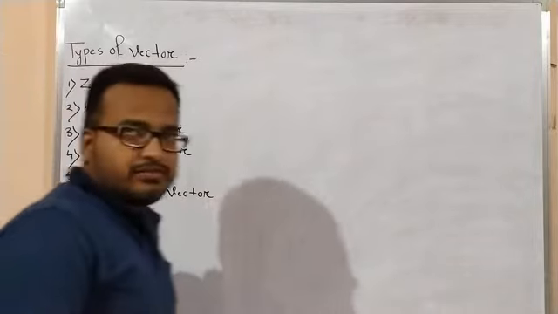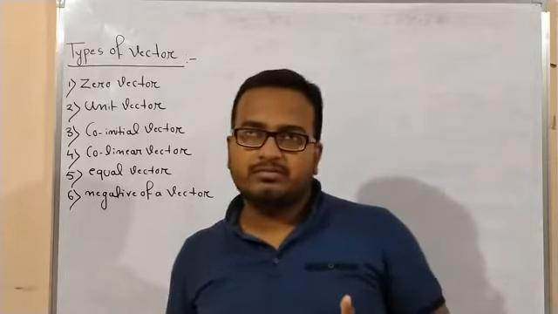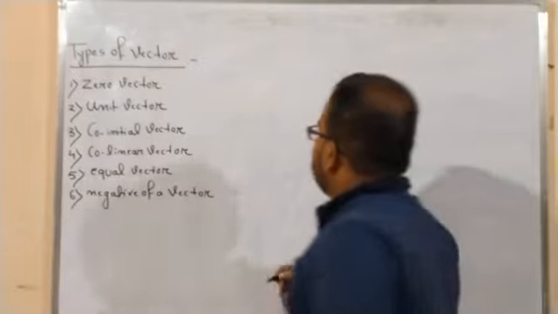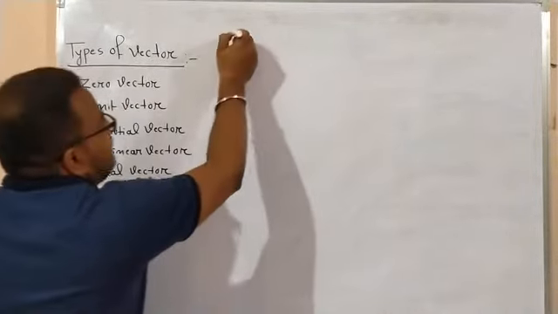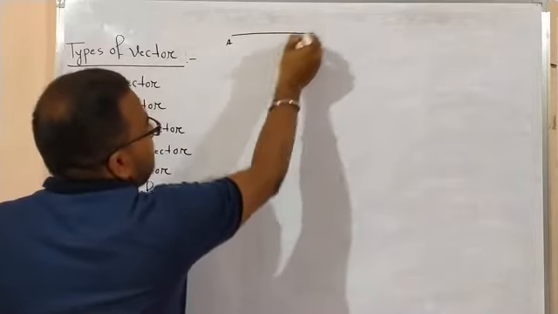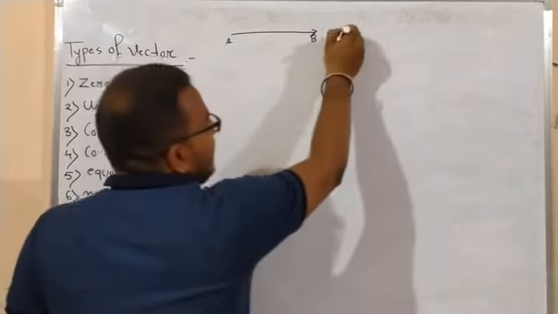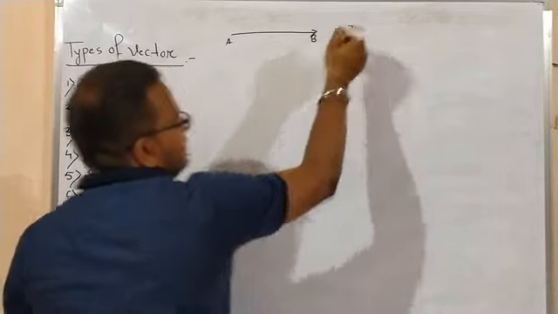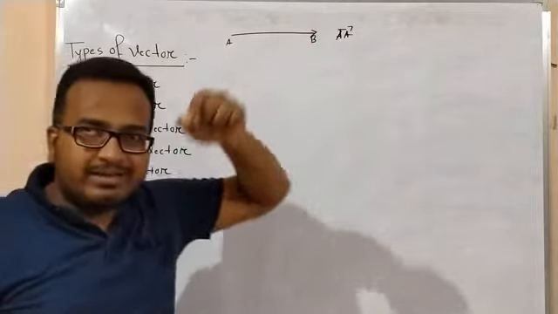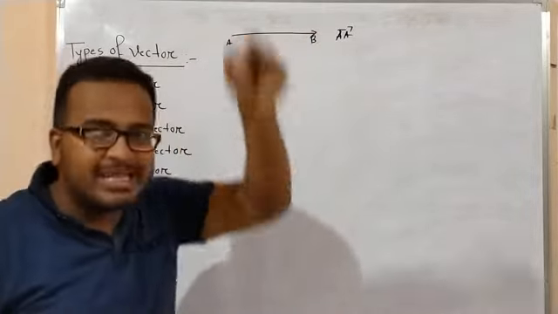First one is zero vector. Zero vector means its magnitude is zero but it has some direction, right? Suppose you take a line with points A and B, this is one vector, AB vector. Now if you consider the vector AA, this is nothing but a zero vector, because you are taking the initial and terminal point as the same point.